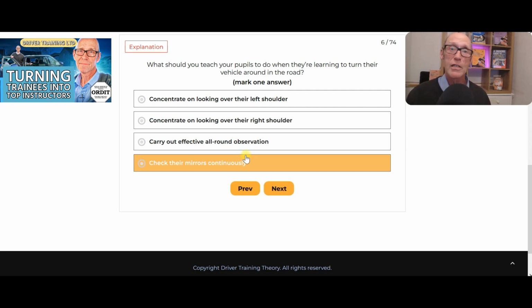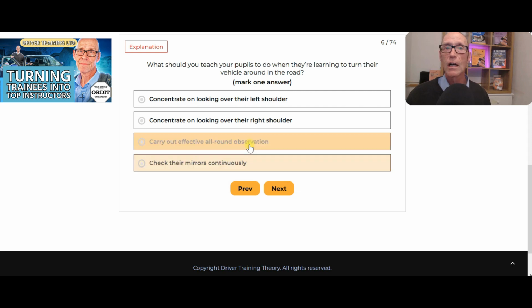But it's now referred to as a turn in the road. So if you're turning the vehicle around to face the other way, you're going to have vehicles coming from both sides. You're going to have pedestrians, cyclists. So you've got to keep looking around for, in effect, 360-degree observation.